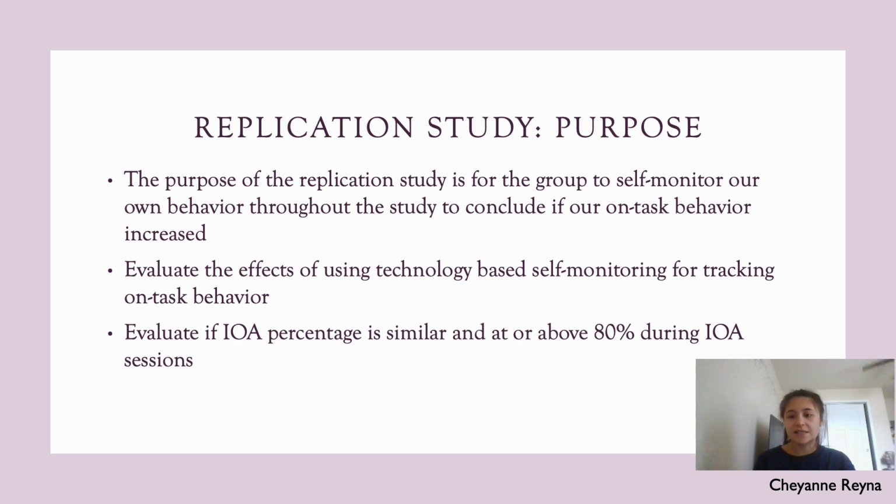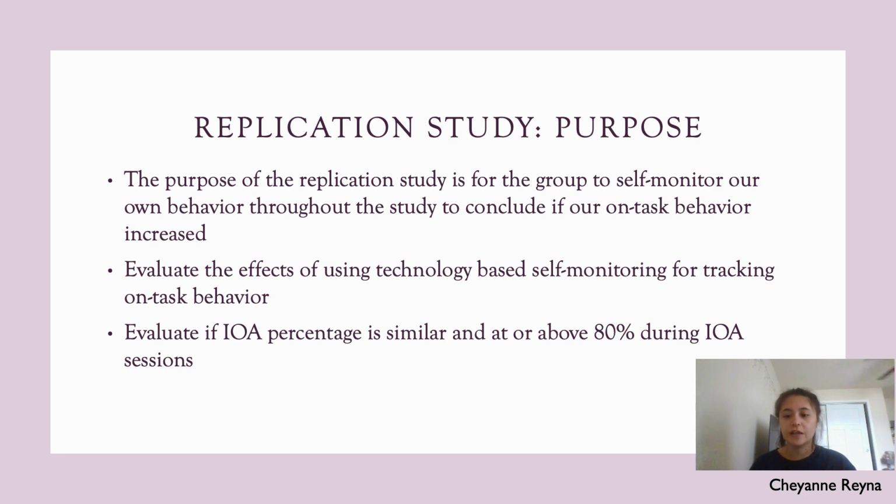What this means is that throughout the study, each of us took our own data, we took our own videos, and did those IOA sessions. While we were taking data, we went in and out of the withdrawal and intervention phases. And at the end, we wanted to conclude if during those intervention phases, when we were self-monitoring, our on-task behavior did increase.